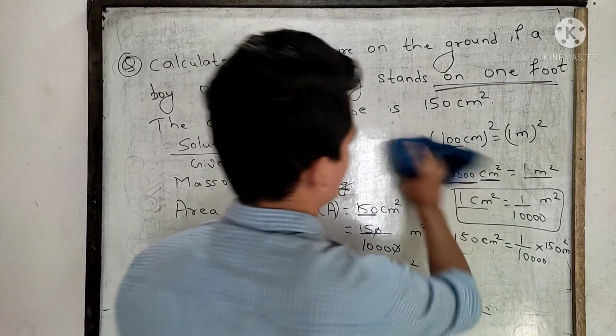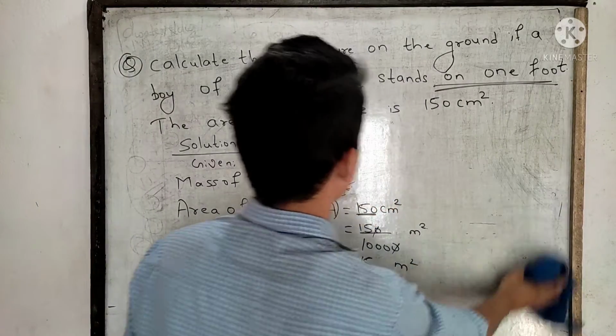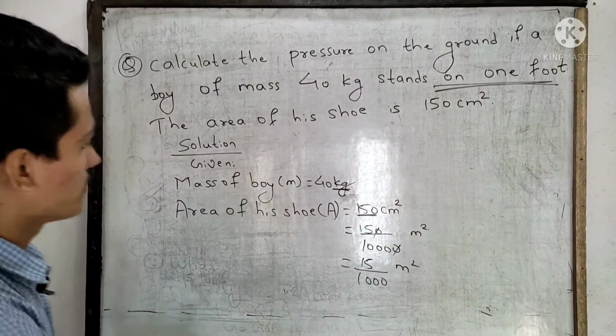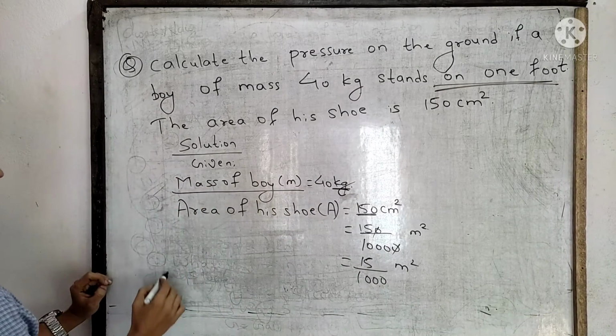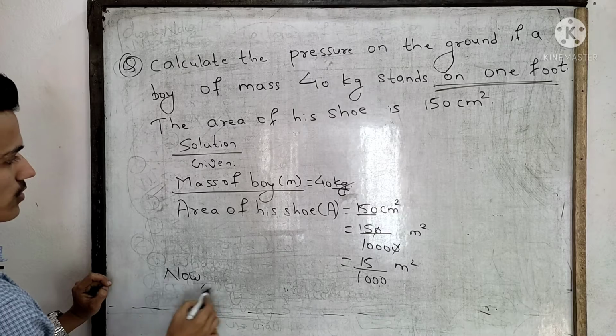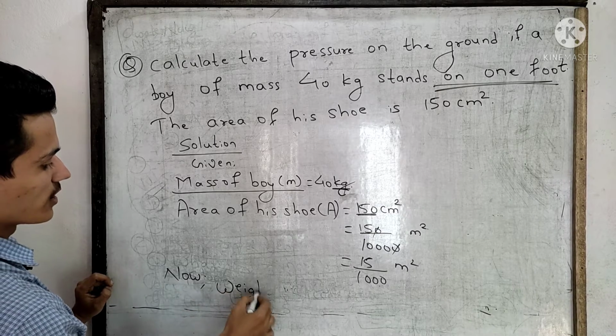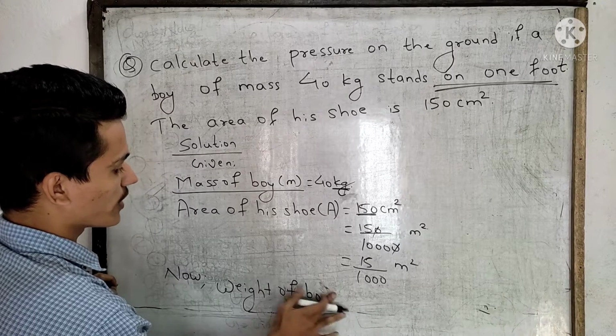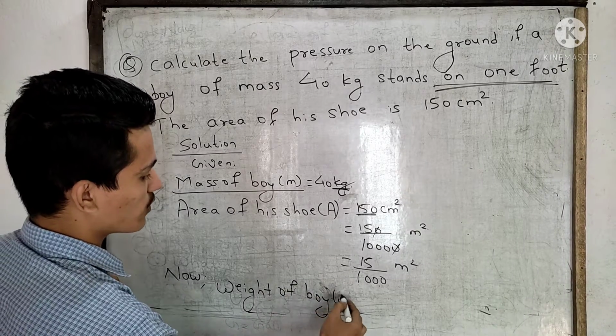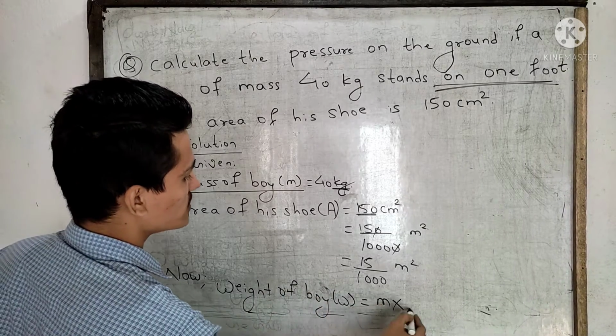Furthermore, now we can calculate weight by using this mass. Weight of boy, W is equal to m into g.